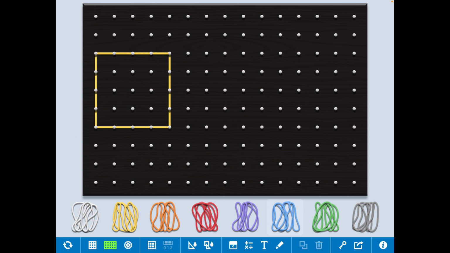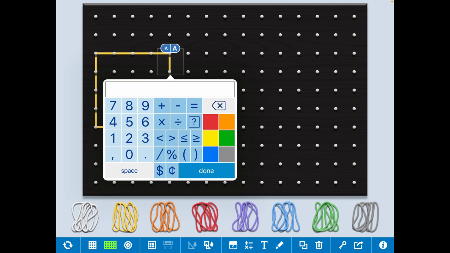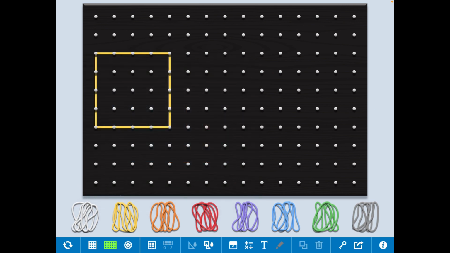All right, now what I want you to do is split that into halves first of all. So I'm going to split it this way. Now I know that each of those pieces is worth 1/2.